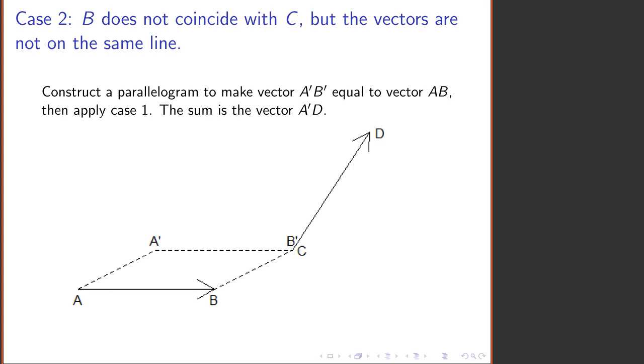I simply draw the vector that goes from A prime to D, and there is my vector sum.